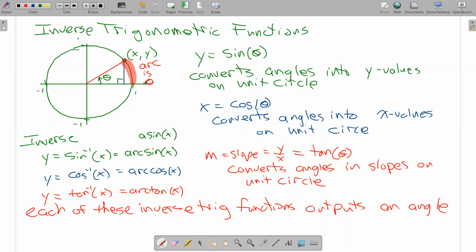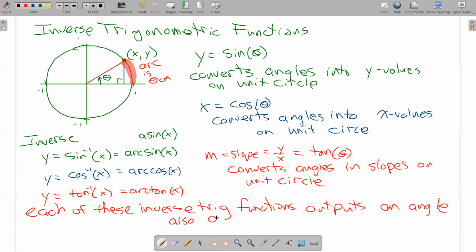So theta radians on the unit circle leads to an arc length that is also theta. So if the radius was measured in centimeters, then this arc would be whatever theta is, but centimeters instead of radians. So another way to think about these inverse functions is they output angles, and on the unit circle, angles are arcs.